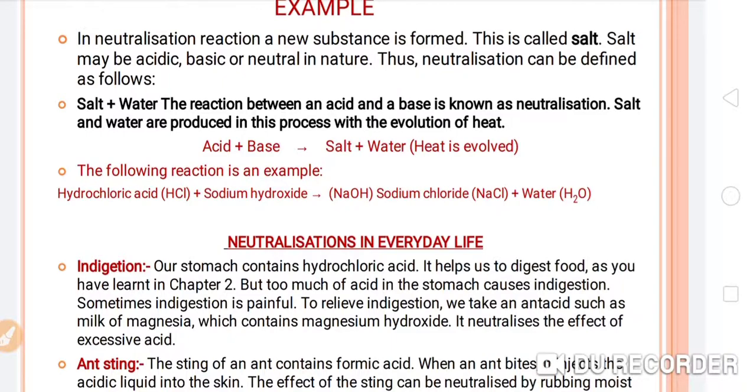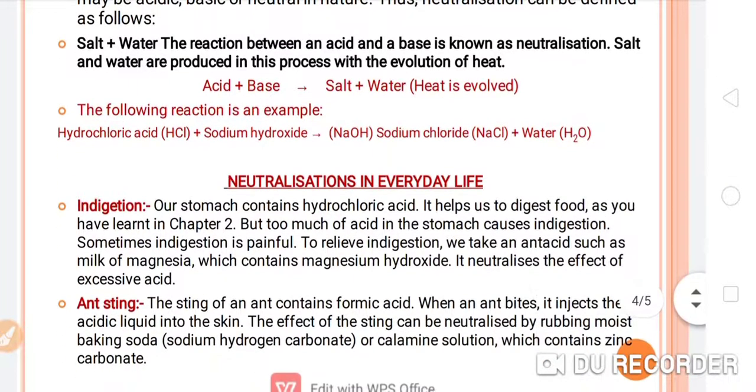So let's see an example by the equation, how we can explain it. Acid when reacted with base, arrow, that is the forward reaction, salt and water will form, and heat is evolved. The following reaction is an example.